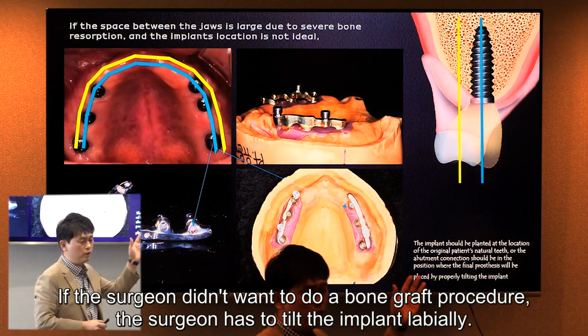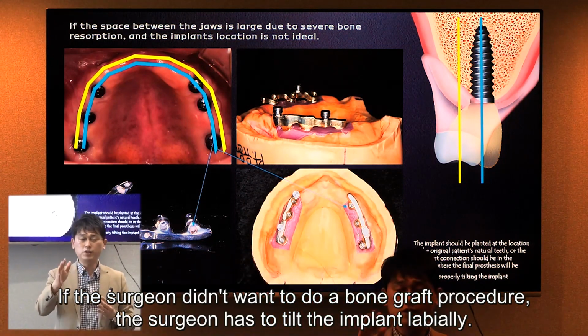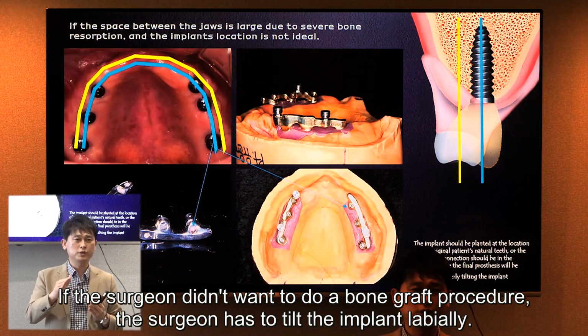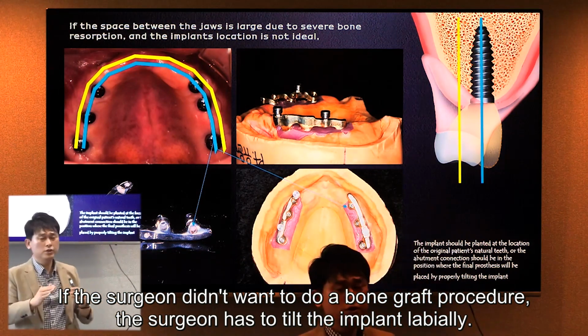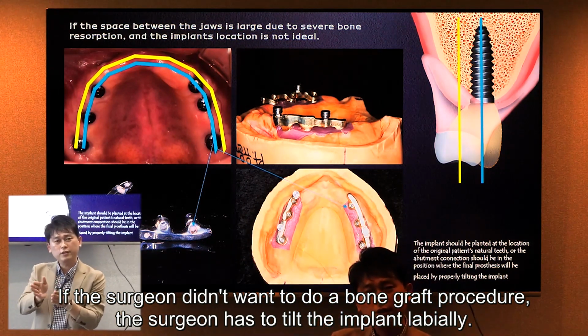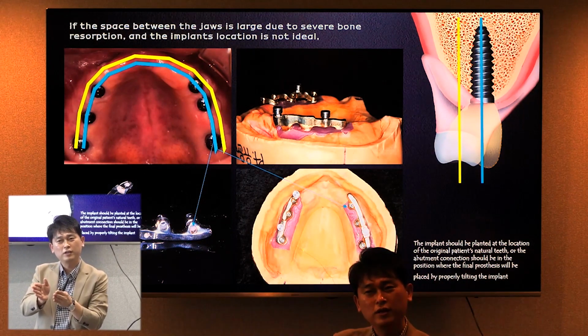So if the surgeon didn't want to do a bone graft procedure, the surgeon has to tilt the implant labially. Do you understand?